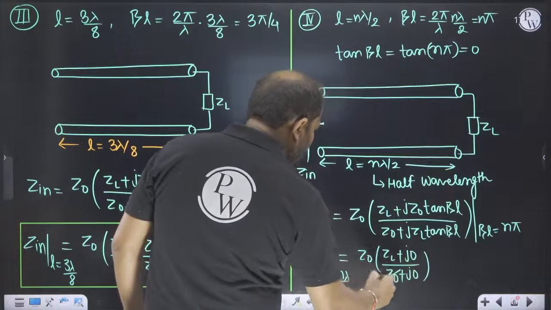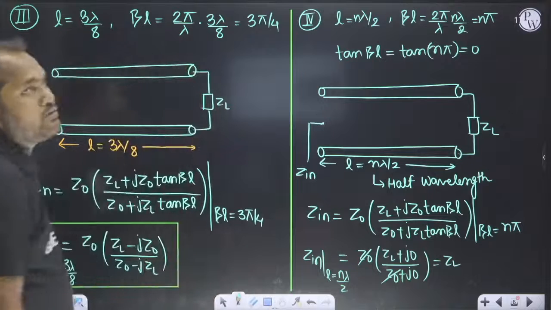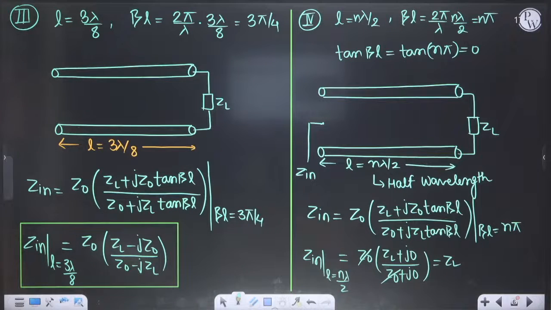So Z0 will cancel out and our Zin will be equal to ZL. This is at length n lambda by 2. So we have calculated the input impedance formulas for transmission lines of different lengths. This type of question was asked in GATE 2024.